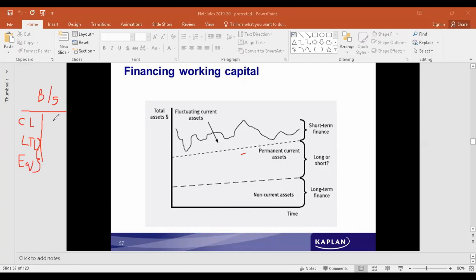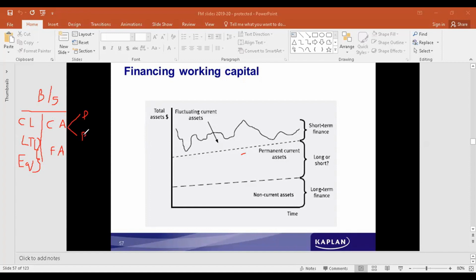Then we have current assets on the asset side of the balance sheet, and then the fixed assets. Among the current assets, if we categorize them, there are permanent current assets and fluctuating current assets.